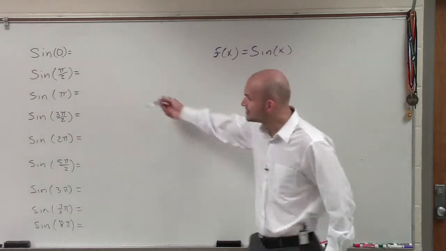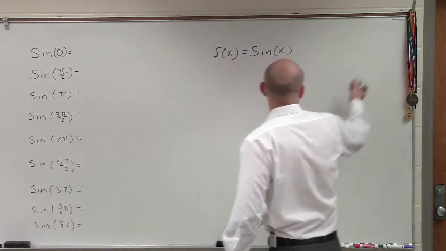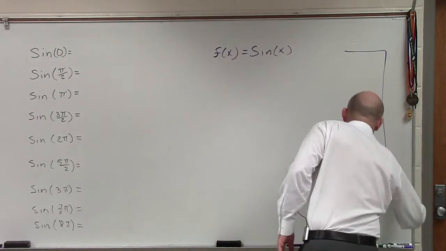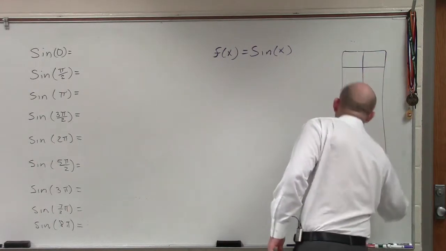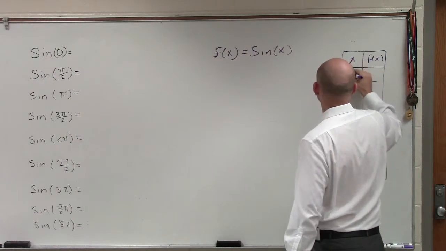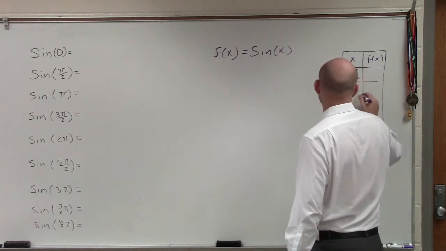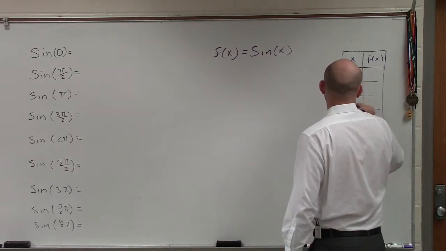So what I did was create a whole bunch of inputs. You can see I set up a table with x and f of x. I'm not going to rewrite them all down, but my inputs now are pi halves, pi, 3 pi over 2.